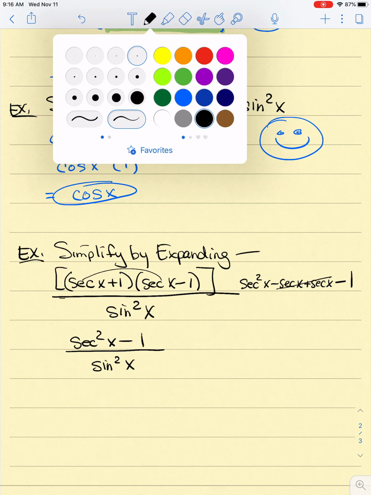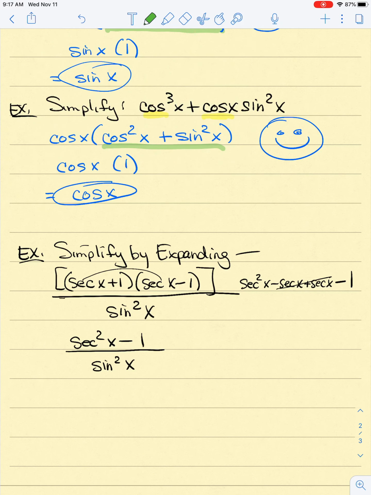Now looking at your trig sheet, do you have a Pythagorean identity that involves the secant squared? Somewhere there should be something about the secant squared. On my trig sheet I see 1 plus tan squared theta equals secant squared theta.